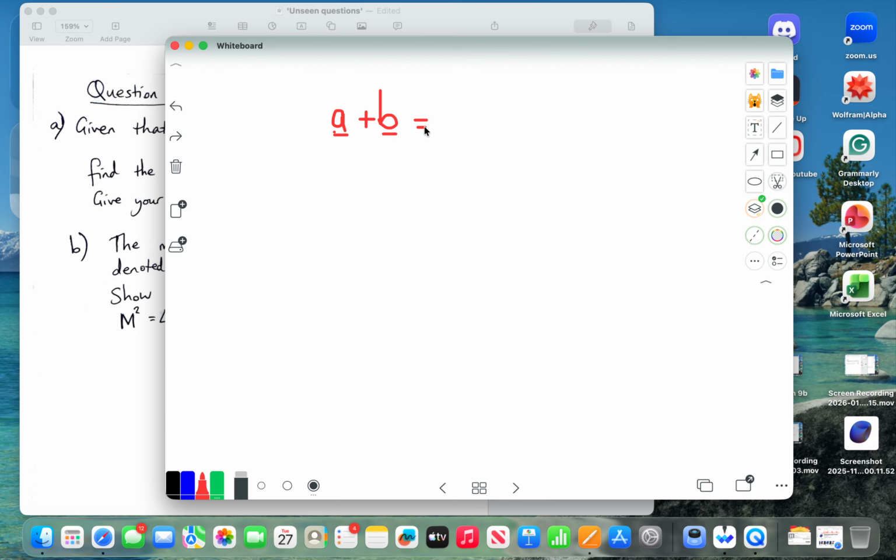So we can say that a plus b equals b plus a. And again, we have 5 and 2p minus 5.